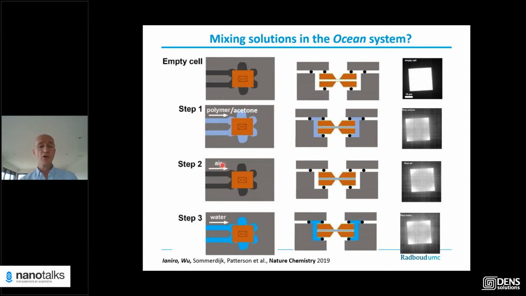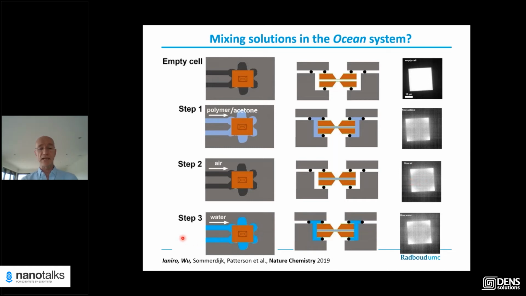And then we blow the solution away. We blow in air, blowing the solution away around the chip, so that only the solution in the chip remains by capillary forces. And we can see that the chip still is filled.